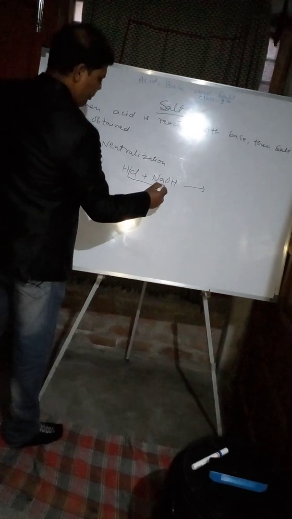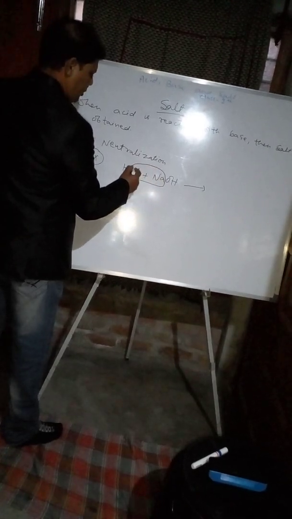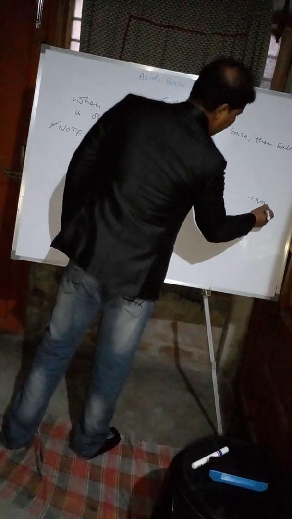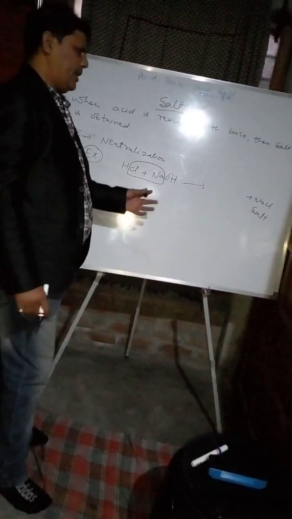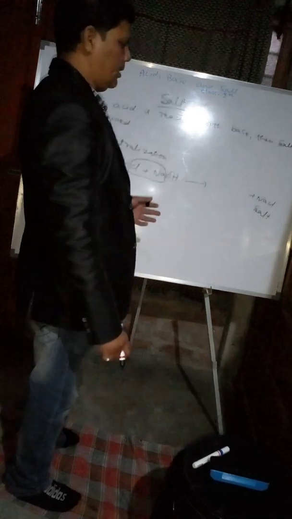Chlorine is reacted with sodium and we get NaCl. NaCl is salt, common salt, which we use on a daily basis, in our daily life, in cooking.